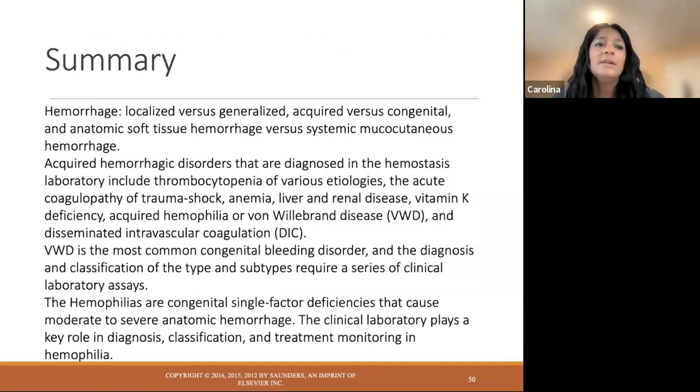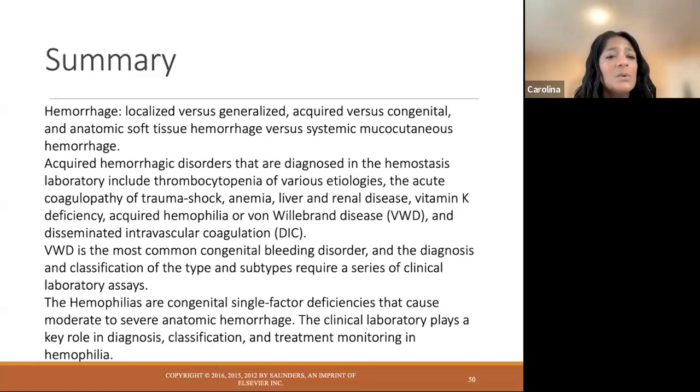All right, so in summary, bleeding, hemorrhage, could occur in localized areas, or it can be generalized, okay? It can be bleeding that's acquired or bleeding that's congenital or inherited, okay? There can be anatomic soft tissue hemorrhage and systemic mucocutaneous hemorrhage, okay?